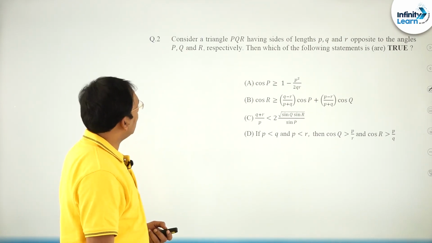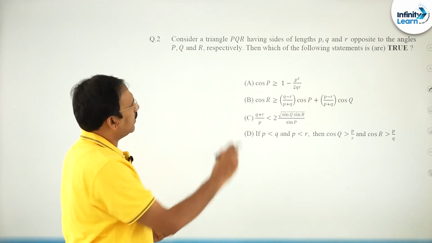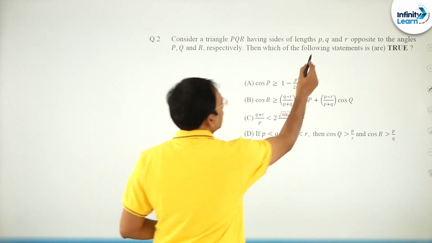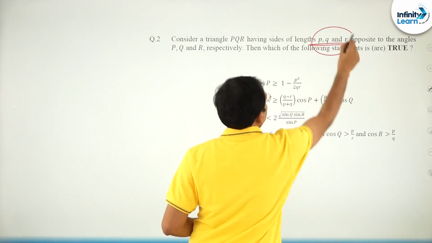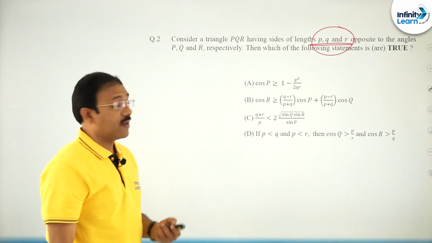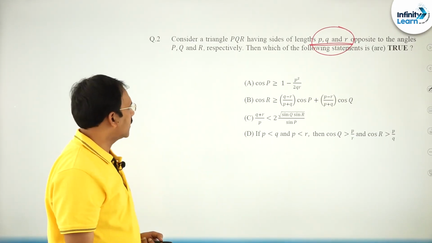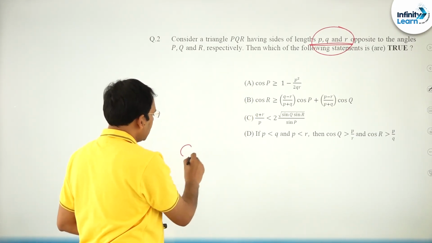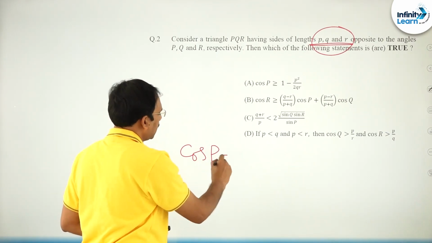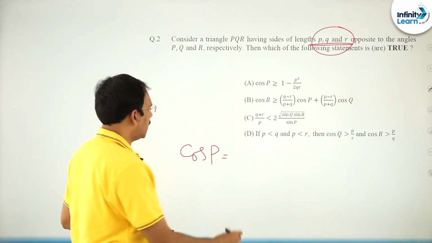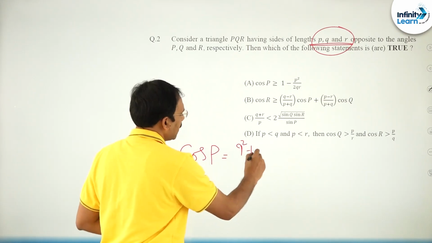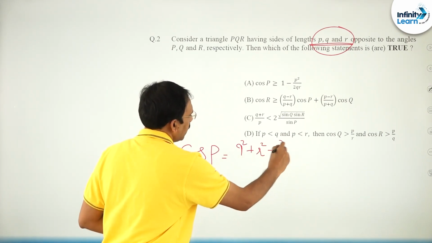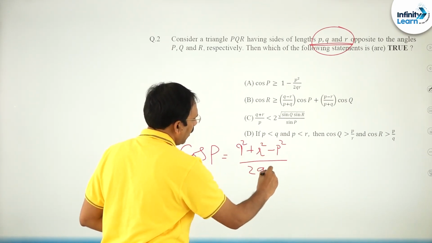In this, he said triangle PQR and the corresponding sides small p, small q, small r are given, then which of the following statements is correct? The first one, friends: cos P, if you take by cosine rule, is (q square plus r square minus p square) by 2qr.